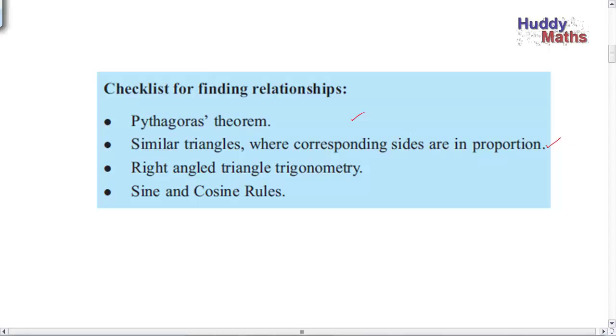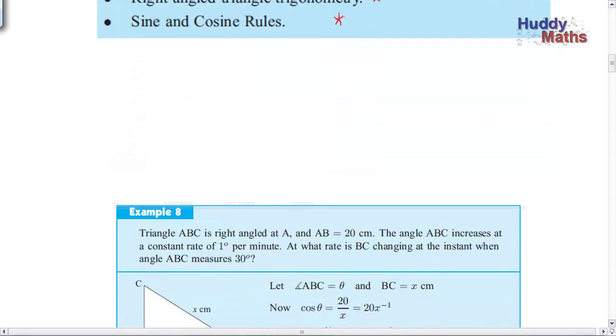That's an important one. Now we're particularly going to emphasise these, where the quantities involved can best be connected with sine, cos or tan, and you're going to use things like SOHCAHTOA, right angle triangle trigonometry, and the sine and cosine rules. Now that we've learned how to get the derivative of sine and cos, we can do this type of problem. It's just an expansion of the related rates we did before.